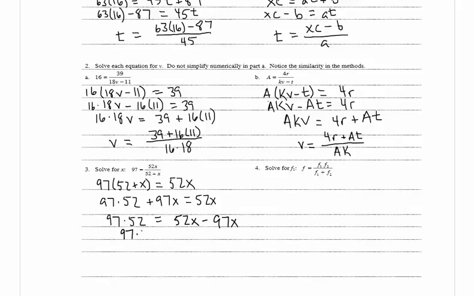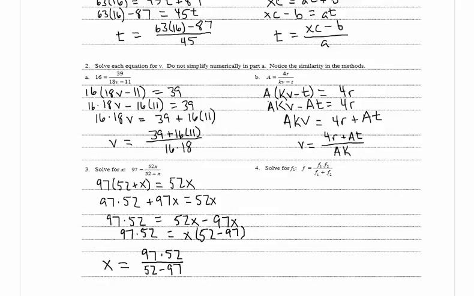So I have 97 times 52 is equal to x times (52 minus 97). And now I'm going to divide both sides by (52 minus 97), and I get x is equal to 97 times 52 divided by (52 minus 97).